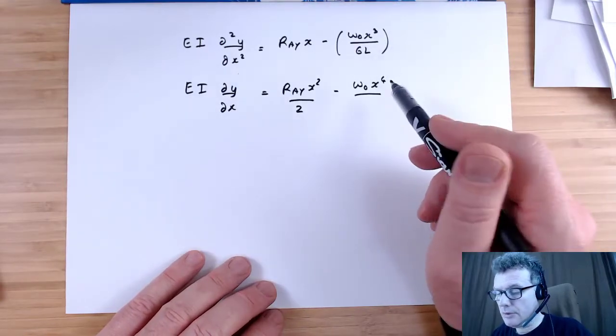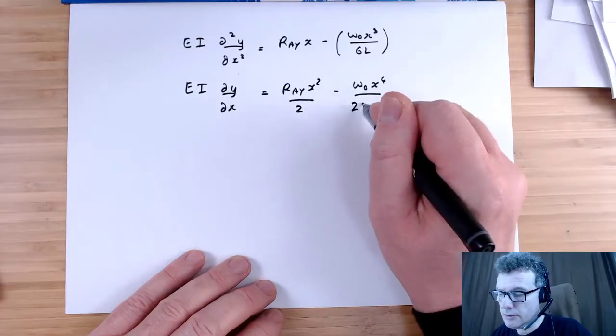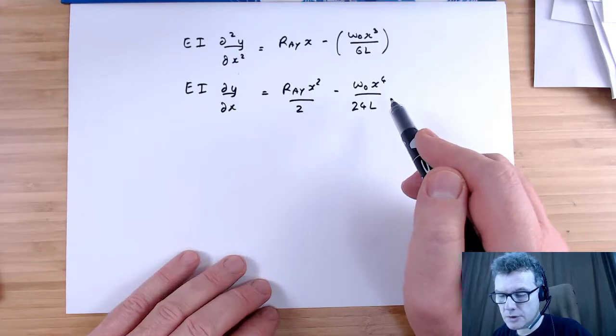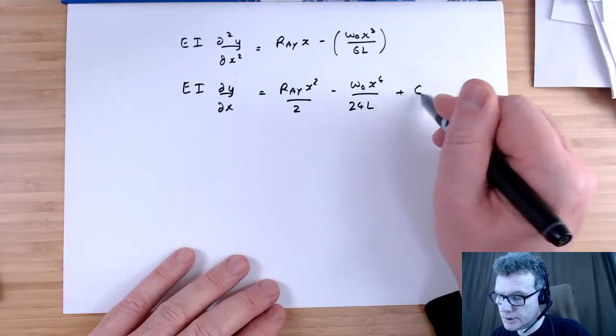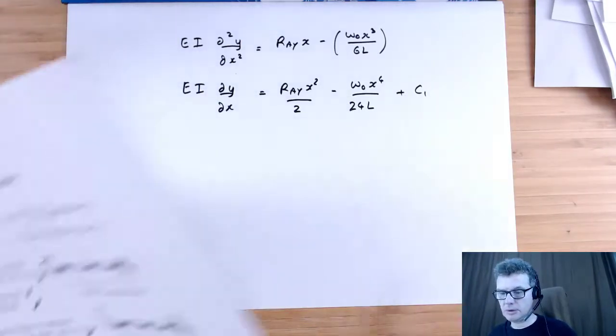Right, so we've got 6 times 4, so that's going to be 24L. So that's my first one there, plus C1. So shall I start applying boundary conditions? I think I might as well.